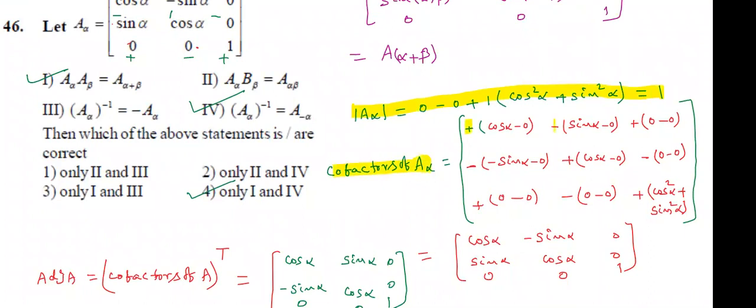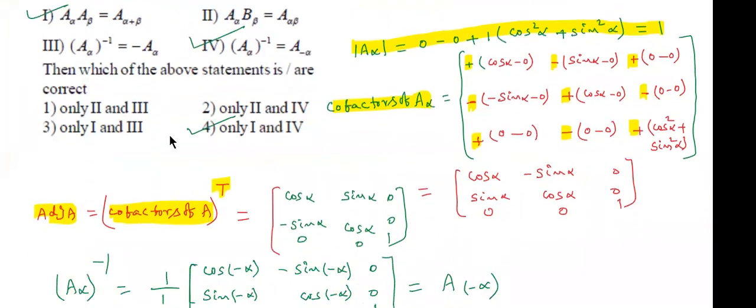The signs you know: plus, minus, plus, minus, plus, minus, plus, minus, plus. Then delete the row and column, AD minus BC, and you get the cofactors of A. Adjoint A is equal to the transpose of the cofactors of A. Then apply the formula, and you will get it like this.